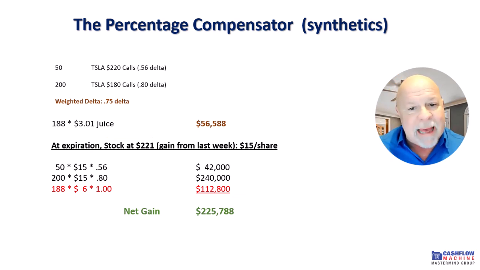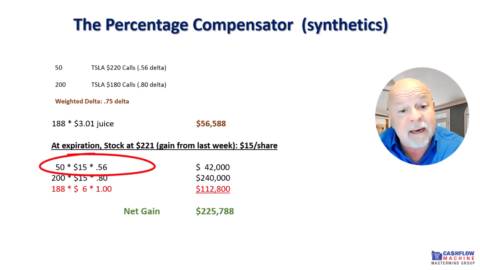But here's the way I look at it. Because I used the compensator, when the stock was over 215, in other words, it closed at 221, my 50 contracts went up by $15 times 0.56, because the gain from 206 to 221 was $15.